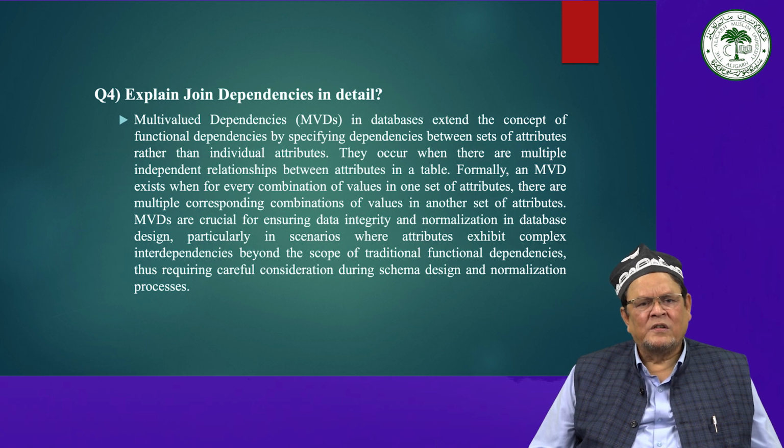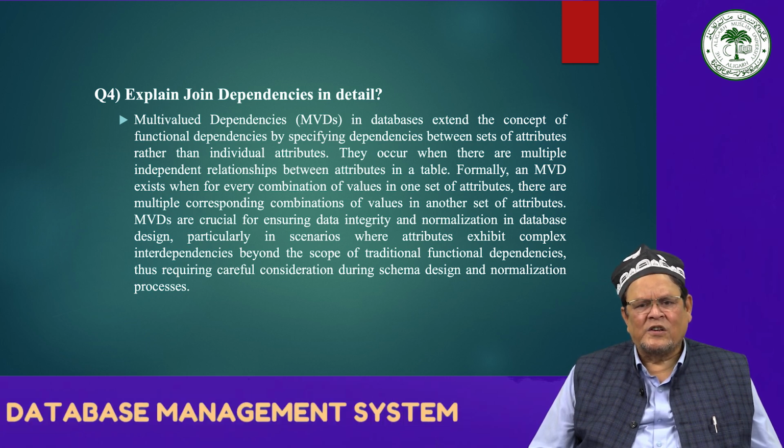The last question was, explain join dependencies in detail. The answer is, join dependencies in database describe the rules for combining tuples from different tables after a join operation. They ensure that certain relationships hold true among the resulting tuples.